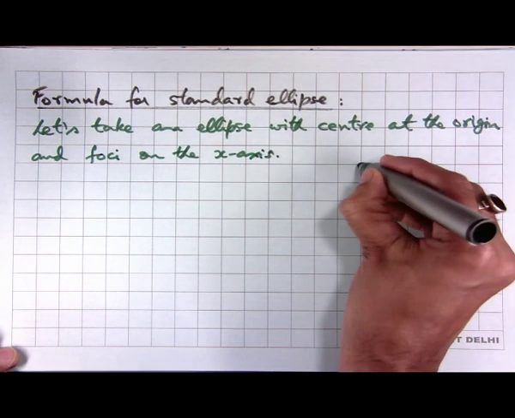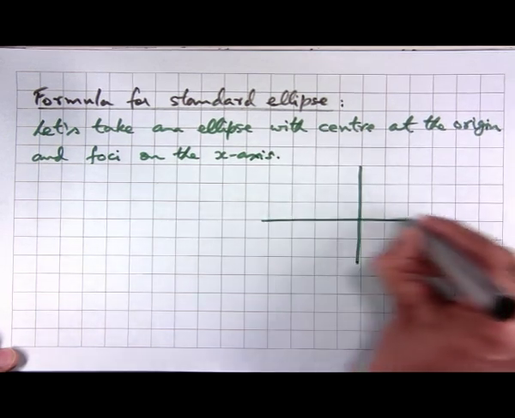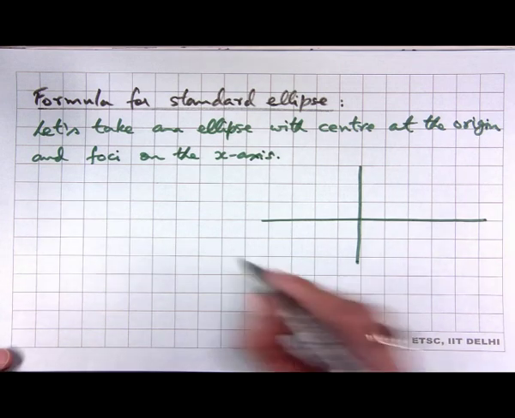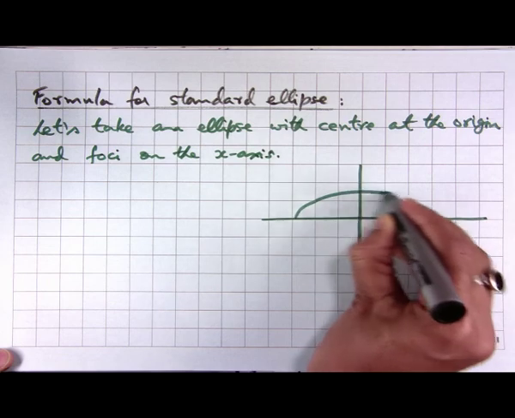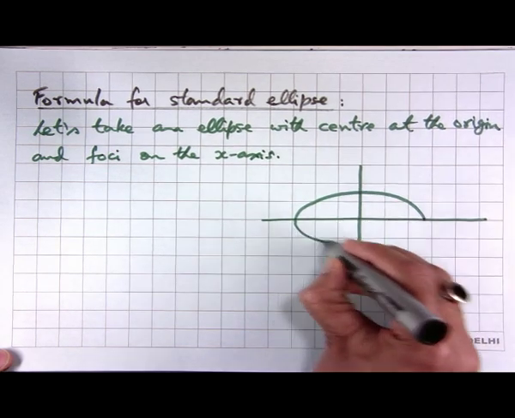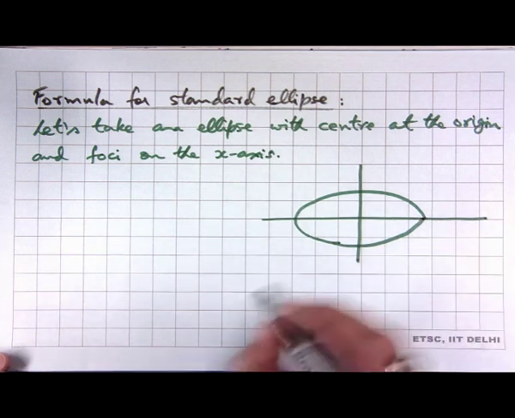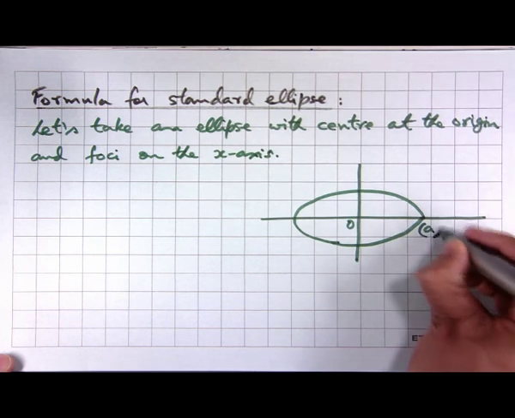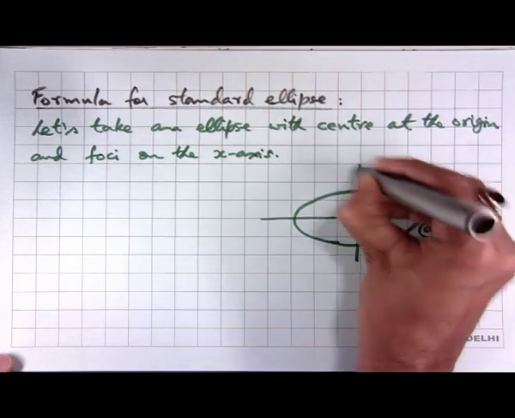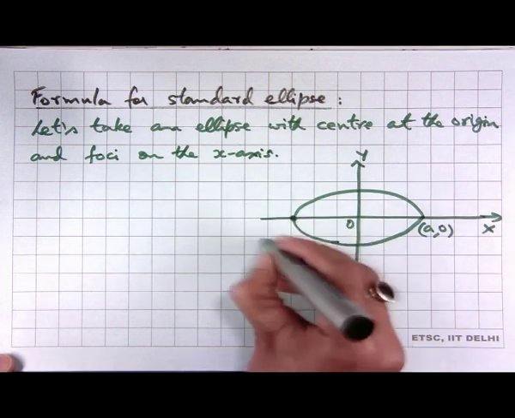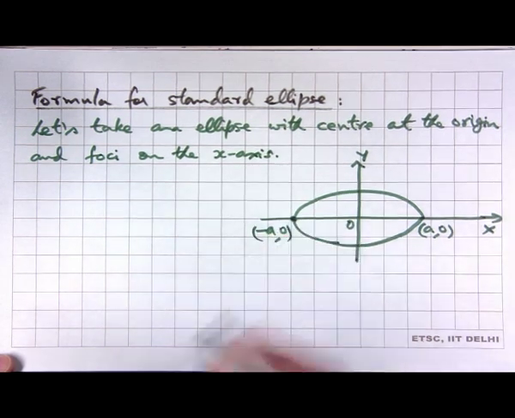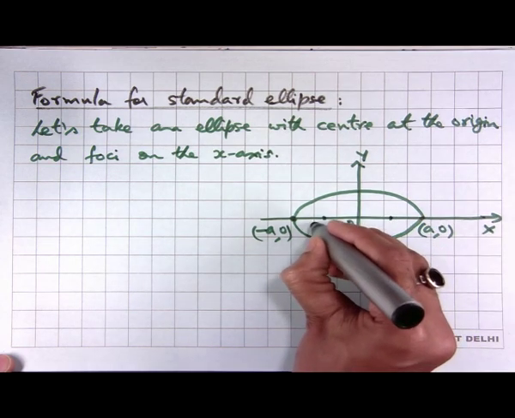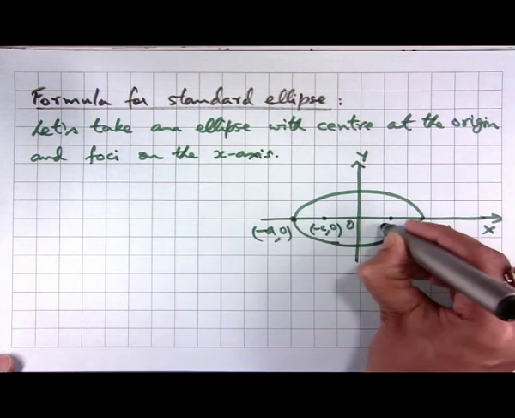So, we have the origin, and then we have (a, 0) and (−a, 0), then the foci F1 and F2 are (−c, 0) and (c, 0).